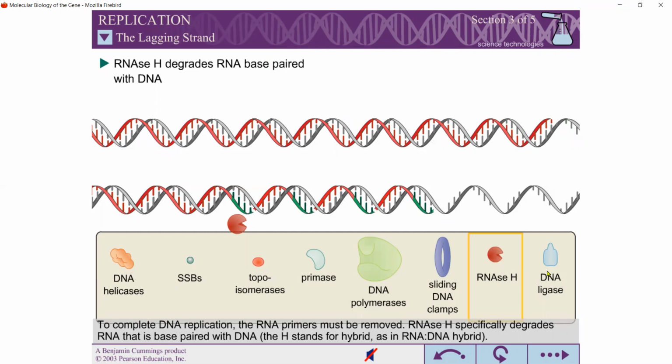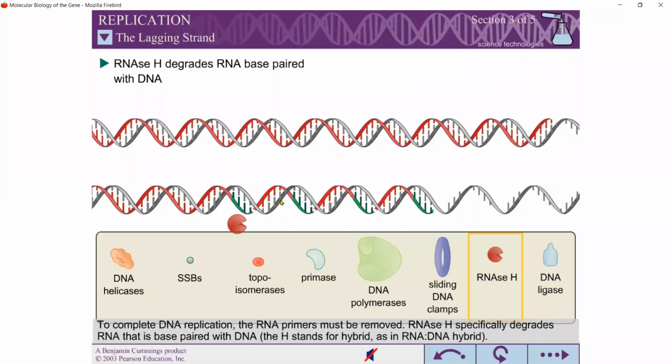As I said, this is the uniqueness of the molecular machinery. There is a particular endonuclease, I mean a ribonuclease, by the name of H, which recognizes the RNA complexed with the DNA and specifically digests the RNA molecules. The moment the RNA molecules are digested, there will automatically be gaps.